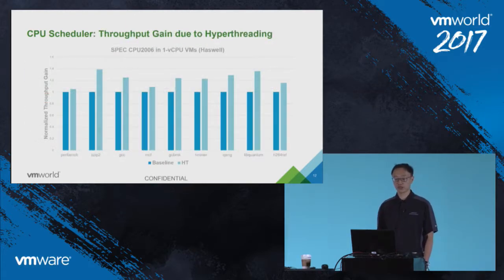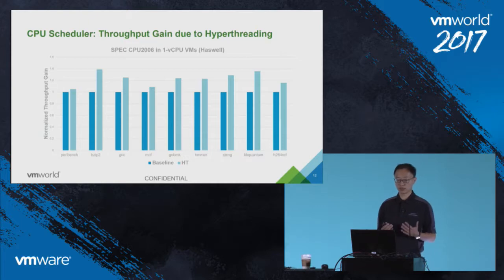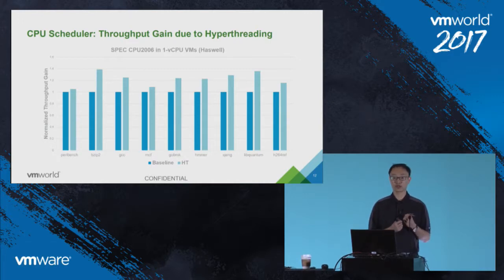So here's a graph showing hyperthread throughput gain. The x-axis is a set of different benchmarks from SPEC CPU 2006. The y-axis is the normalized throughput gain from the hyperthreaded setup versus the baseline. So what's the setup? In the baseline case, for each workload, we always run twice the same workload.